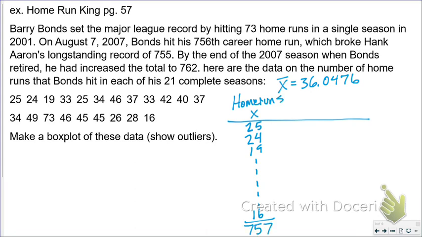The sum of the X's, it's not very helpful in this circumstance. So the next thing that one might think would be useful is to do the deviation. So if you just write that right there, that's deviation from the mean.